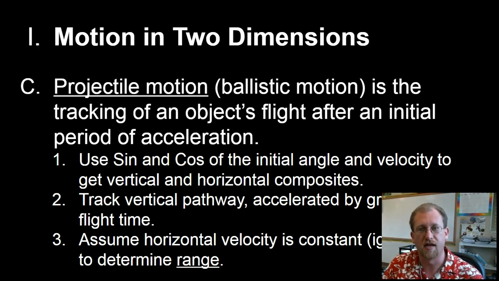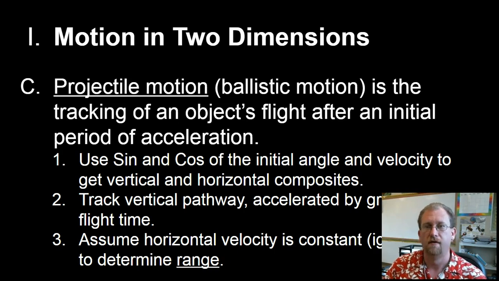Remember that you can use sine, cosine, and tangent to analyze the different aspects of the composite vectors that are there. And we did a lot of that with Chapter 3 and 4. So hopefully you're getting a little bit more comfortable with those. We're going to do several more examples of that here. You always want to track the vertical pathway first, because the vertical pathway is what's going to give you flight time.